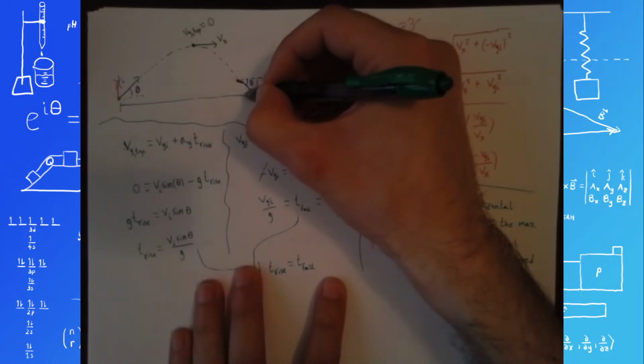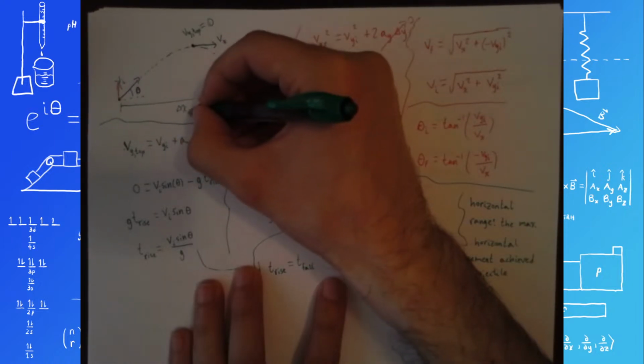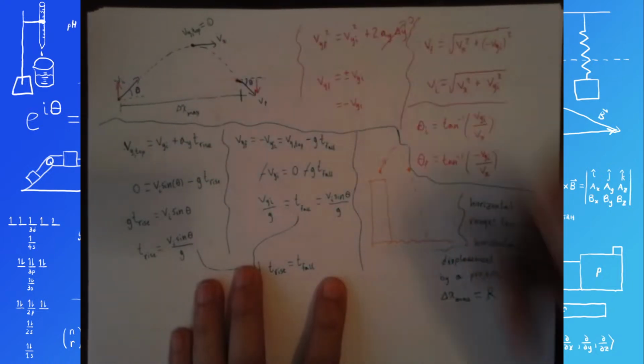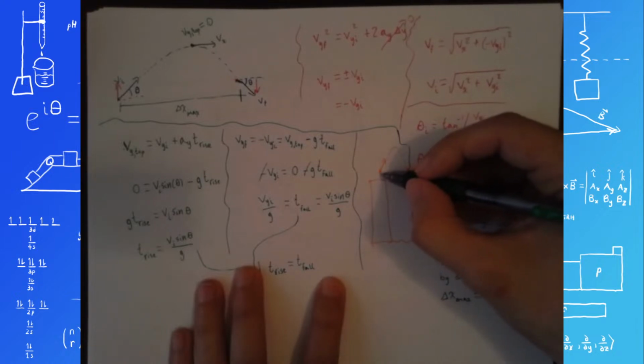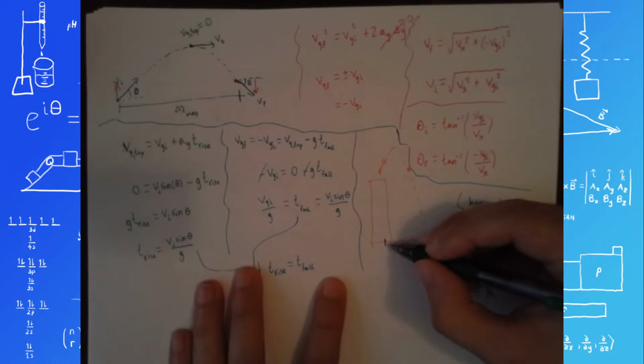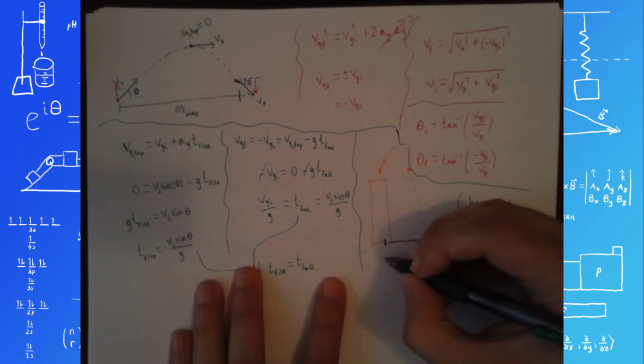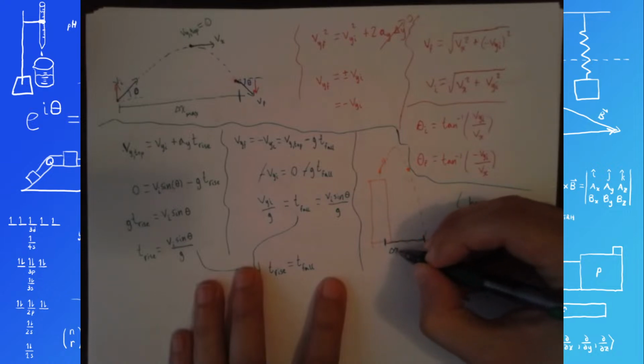You would just draw this. In asymmetric cases, you just measure it from the horizontal position initial to wherever it lands. So that would be over here, delta x max or big R.